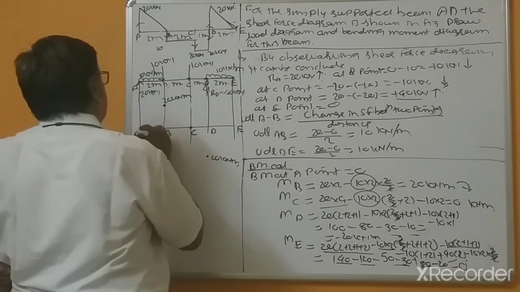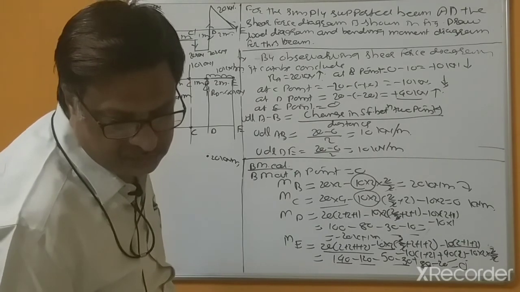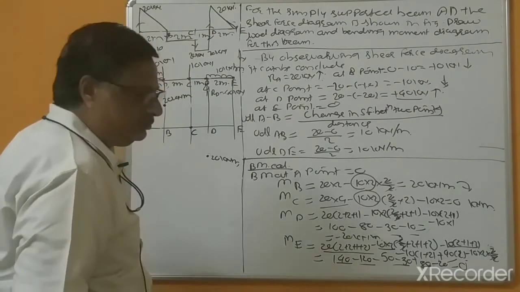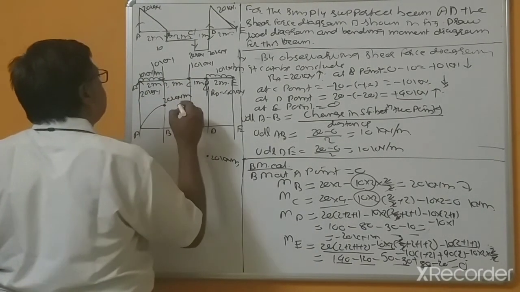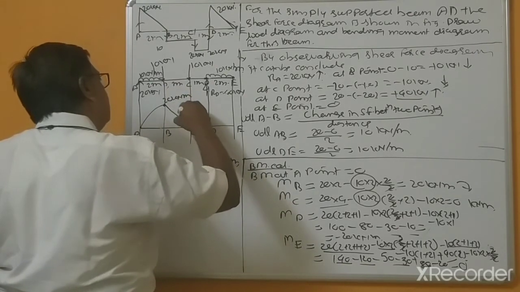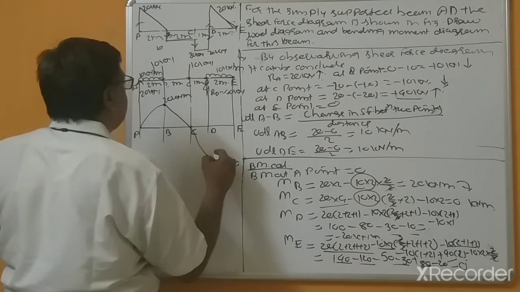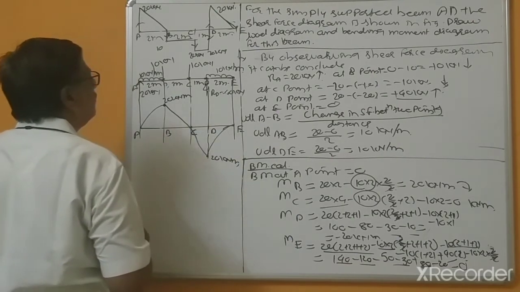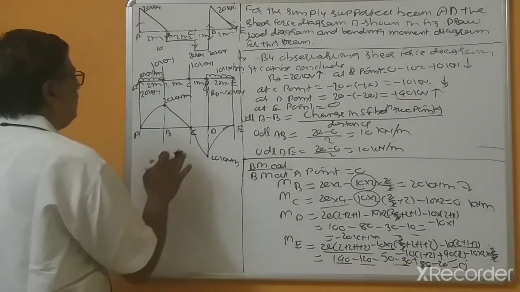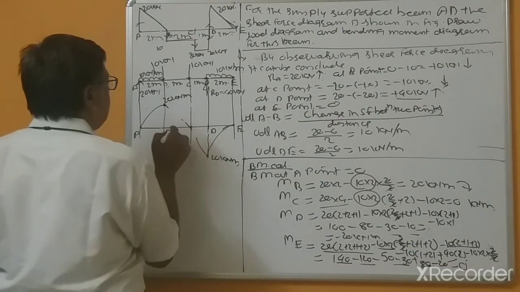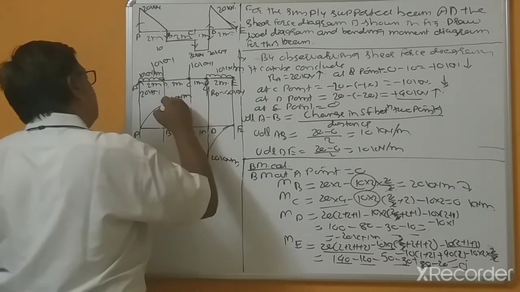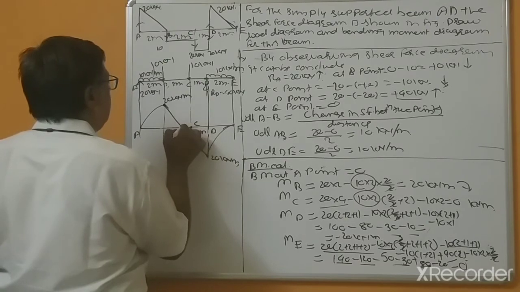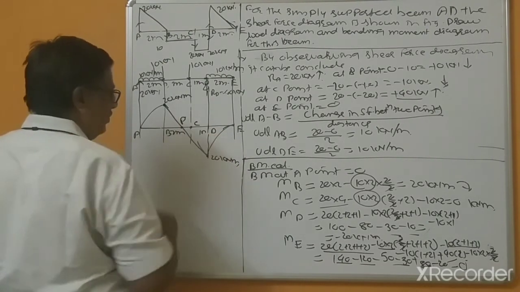So that's why this is a straight line, because this distance is 2 meter and this is 1 meter, and this is passing through C point, and here this point is the point of contraflexure.